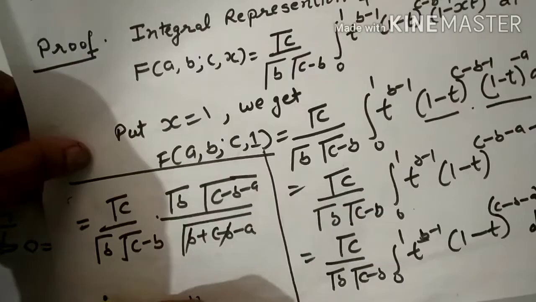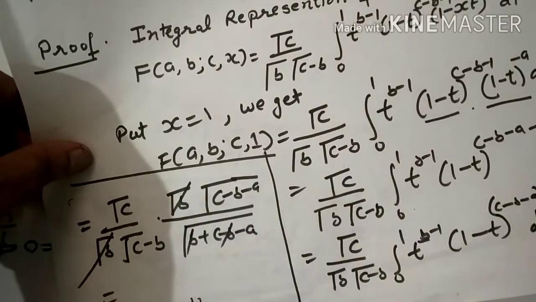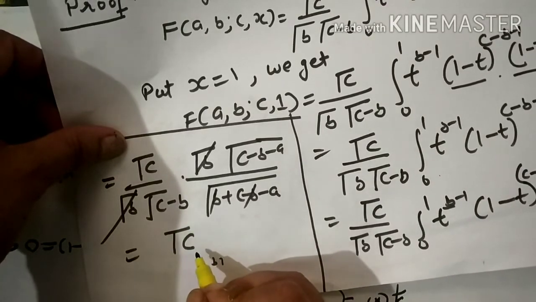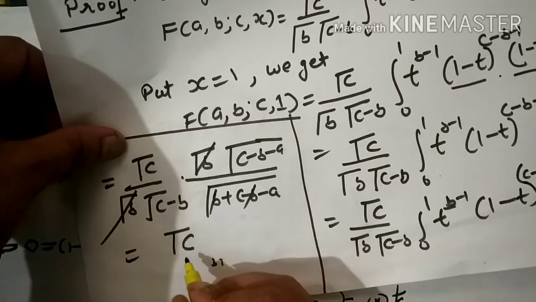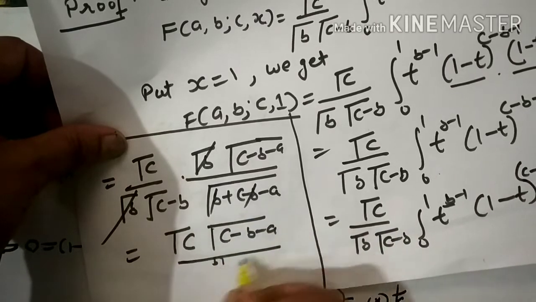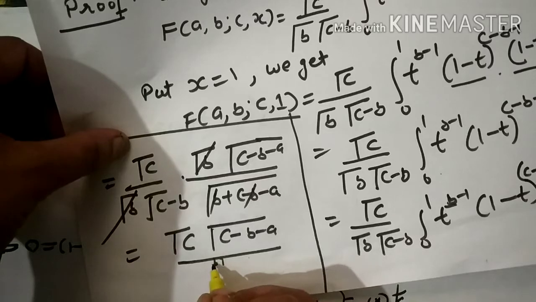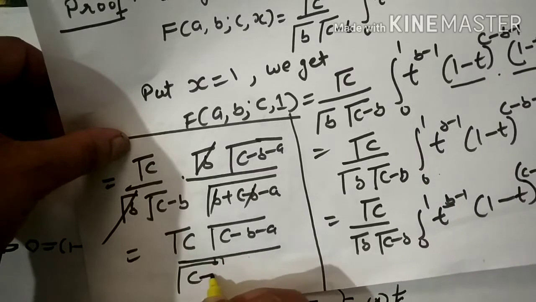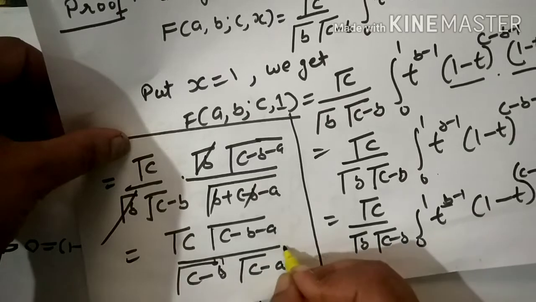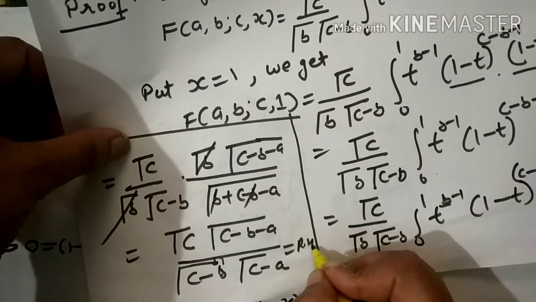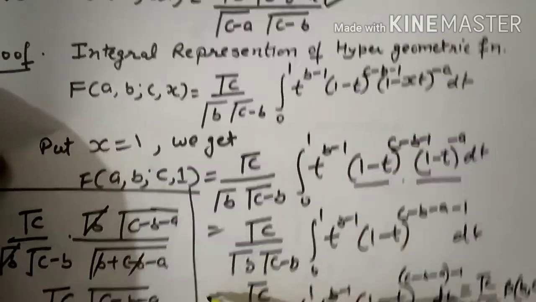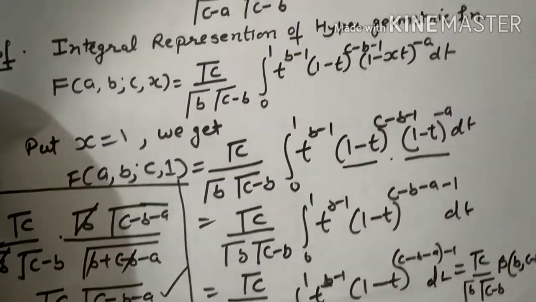The b cancels, and gamma of b cancels with gamma of b. So what is left is gamma of c, gamma of c minus b minus a over gamma of c minus b, gamma of c minus a, which is equal to the right hand side. We can see this is the same as this term, so we get the result.